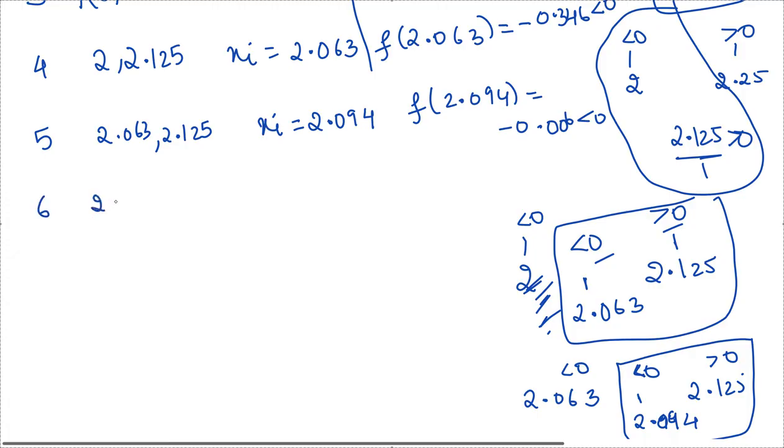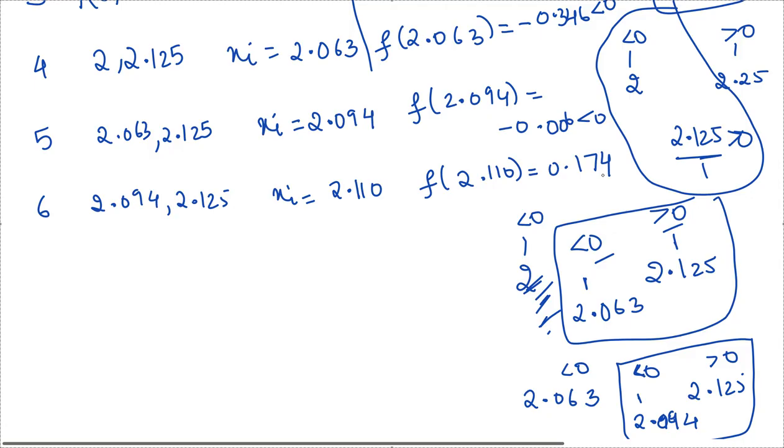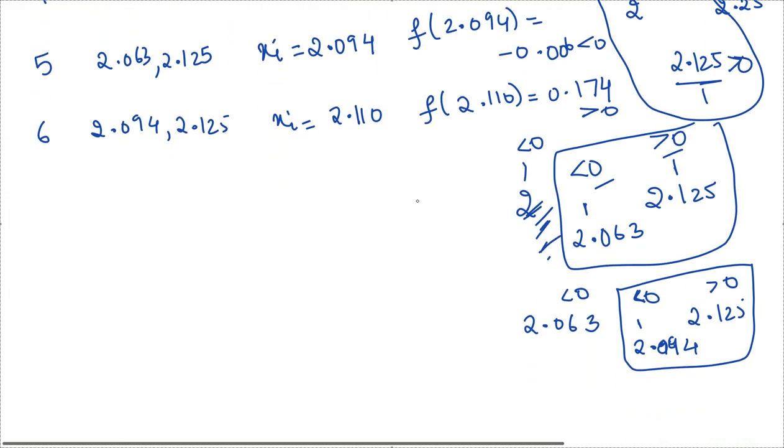So now we have 2.094 and 2.125. Now what would be our xi? When we add both and divide, we get 2.110. Okay, now f of 2.110 is 0.174, which is greater than 0. Okay, now have you noticed? Now we got something greater than 0.